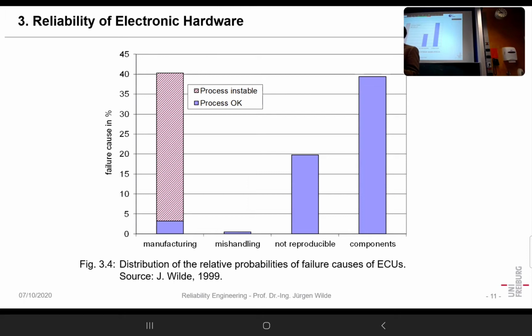Then the electronics say goodbye. They do not have to fail. If you have your PC and just turn off the fan of the processor, the processor will work for 2 or 3 seconds, then it shuts off. But if you don't know where the thermal problem is, you cannot reproduce that really. Sometimes it takes an hour or two of operation until that happens. So often it's not reproducible.